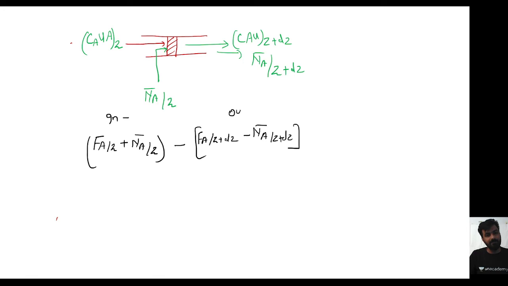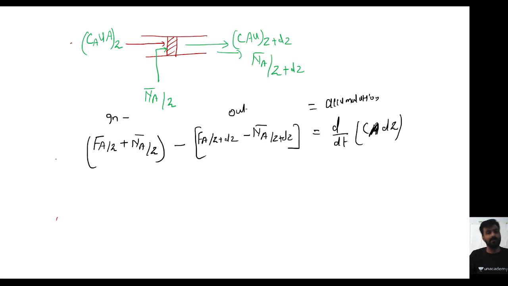That is in minus out, and that is equal to accumulation, so d by dt of Ca dz.